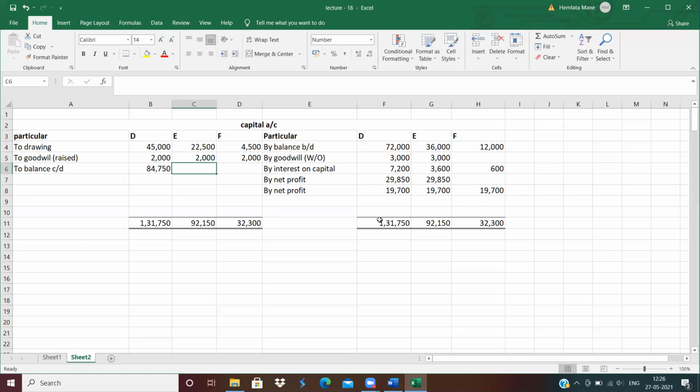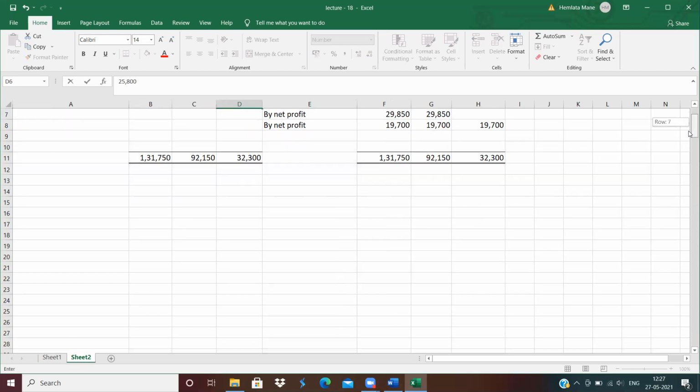Next is F. 92,150 minus 22,500 minus 2,000 means 67,650. Next is 32,300 minus 4,500 minus 2,000. It means 25,800. Clear? This is the difference.